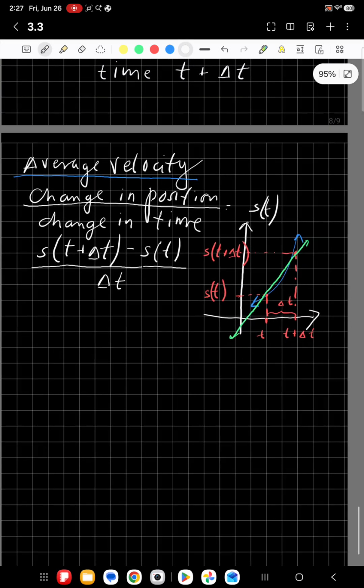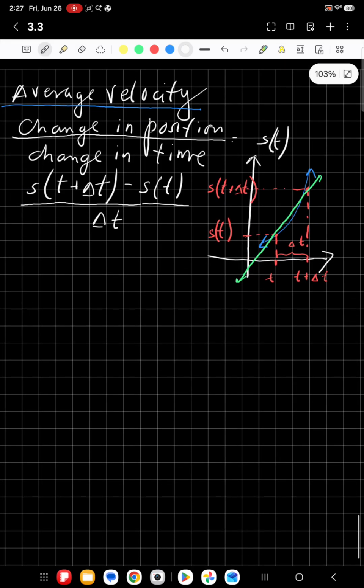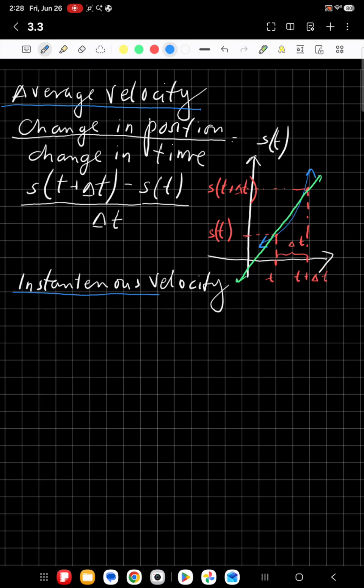We do instantaneous velocity, and I mentioned that at the beginning. The only change is that there is a limit in front of it.